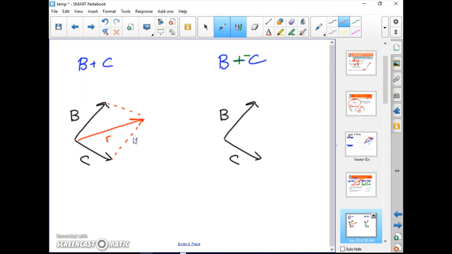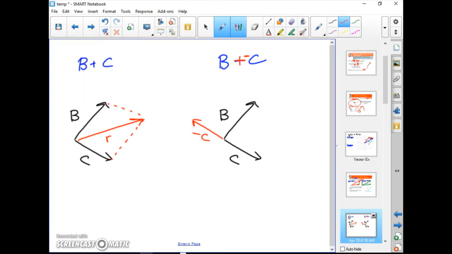Okay. But now, if I wanted to draw B minus C, okay, B minus C is a little bit different, it's a little bit harder to understand. It's harder to understand subtraction. So what I'm going to do is add the opposite. And so I'll treat it like an addition. B plus the opposite of C. And so what I would do then is take this C and draw its opposite force.